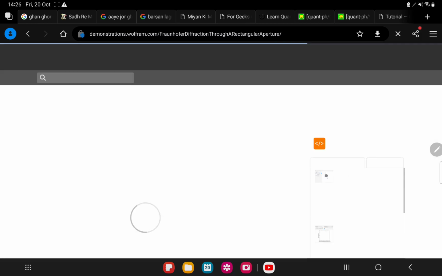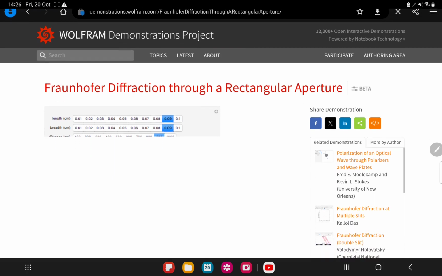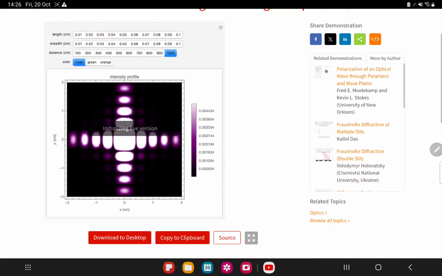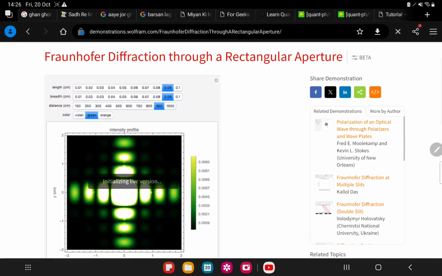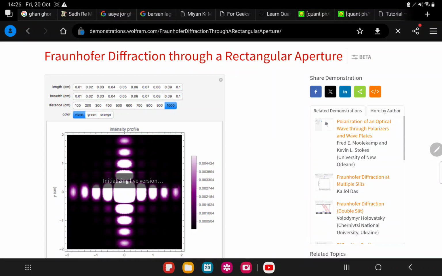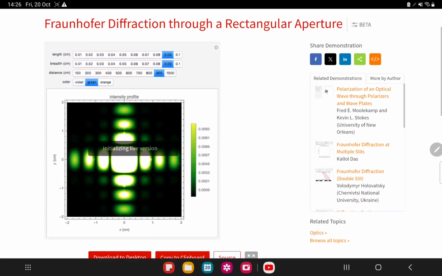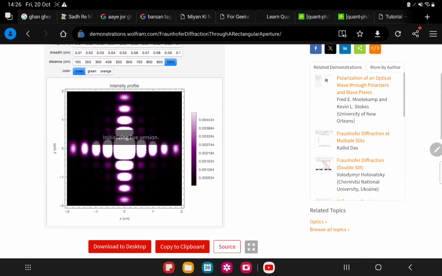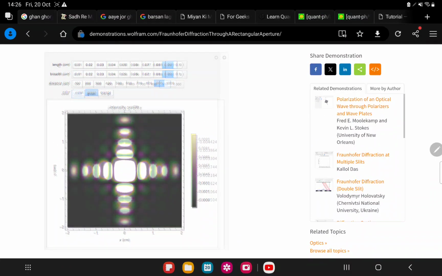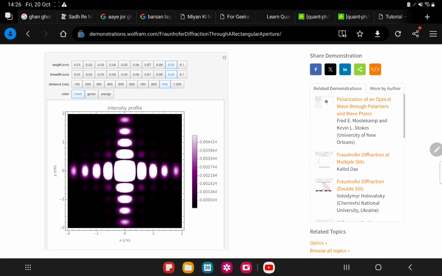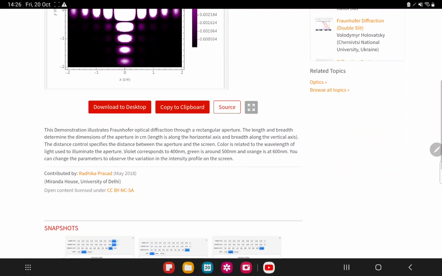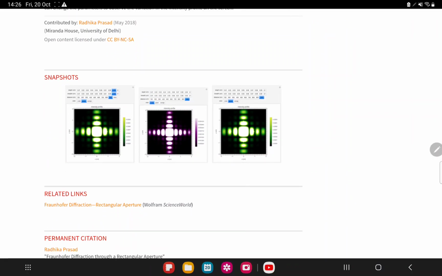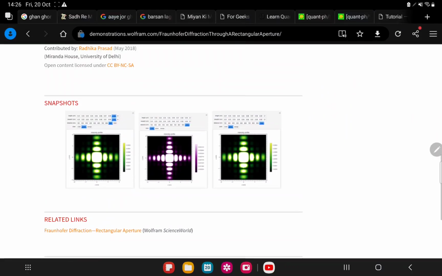So if you click on that, you would see some examples of diffraction through a rectangular aperture. The parameters that you can change are the length and breadth of the rectangular aperture, the distance between the aperture and the screen, and the wavelength. And you could change these parameters and see the results that are possible.